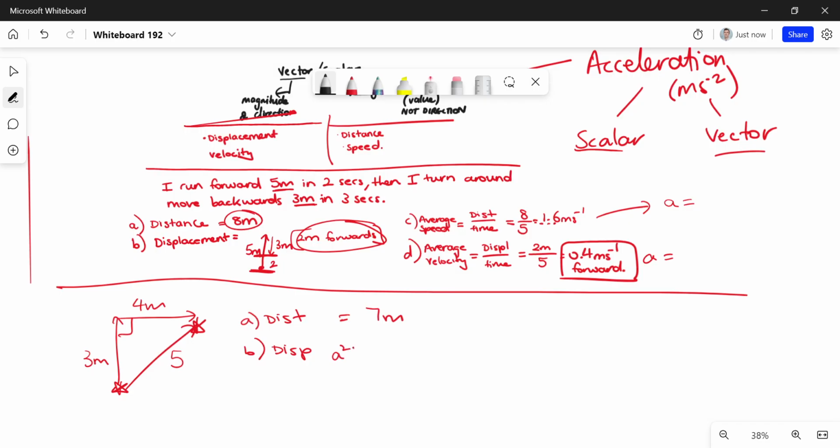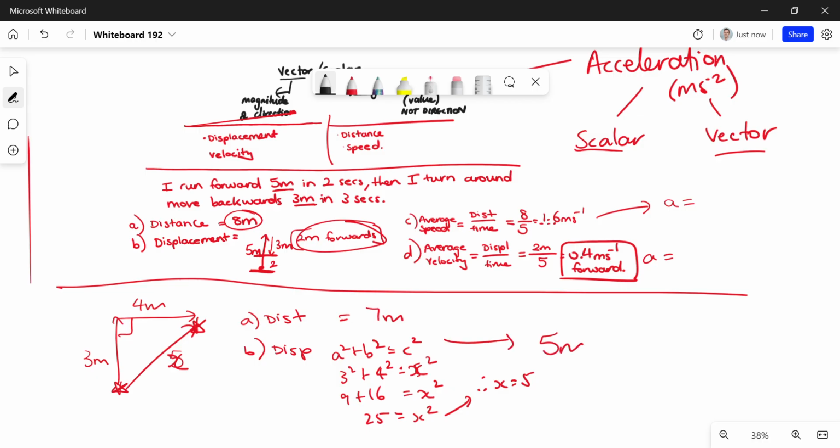But if you did a squared plus b squared equals c squared, you'd have 3 squared plus 4 squared equals x squared, because we wouldn't know what it was. 9 plus 16 equals x squared. 25 equals x squared, and therefore x would be equal to 5. So long story short, we would find that this has a displacement of 5 meters, as opposed to the distance of 7 meters.